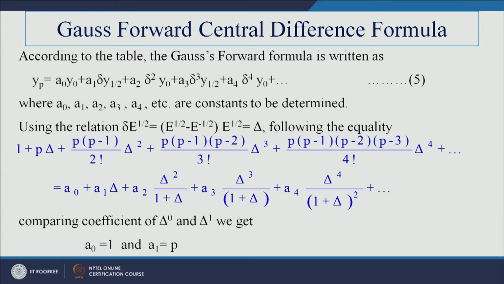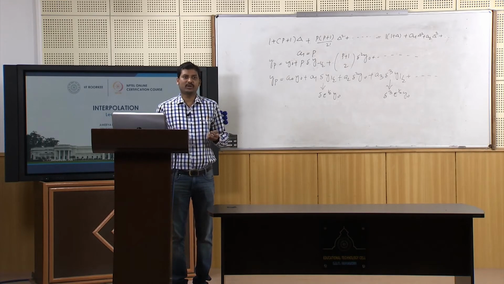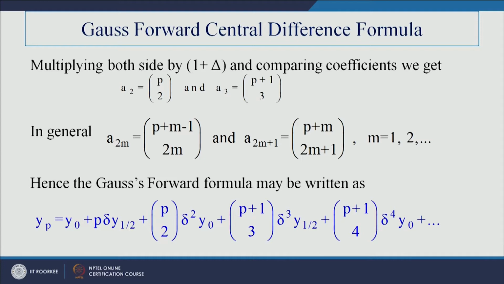If you compare these coefficients on both the sides, like delta to the power 0 and delta to the power 1 here, then we can obtain a0 as 1 and a1 as p. And if you multiply both the sides by 1 plus capital delta, then we can obtain the values of a2 as the permutation of p, 2 and a3 as the permutation of p plus 1, 3 there.